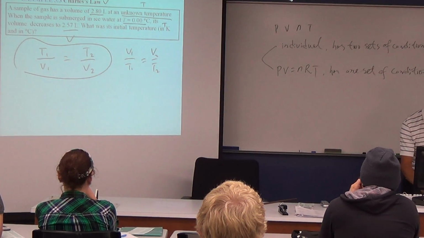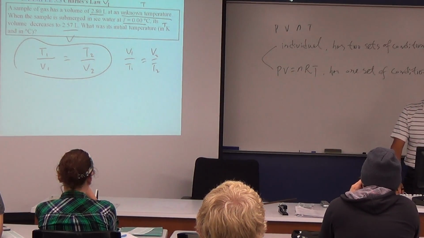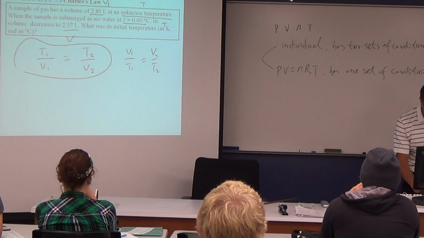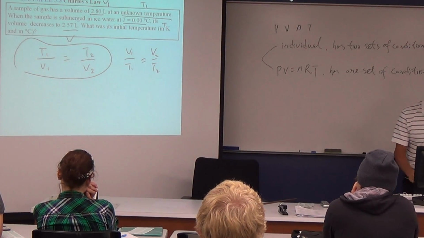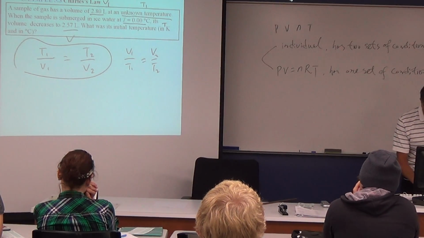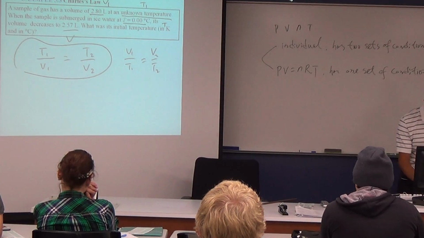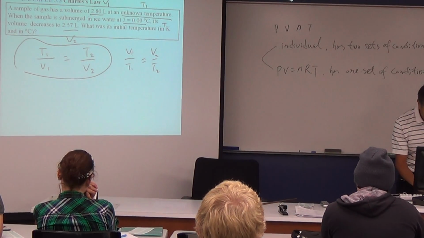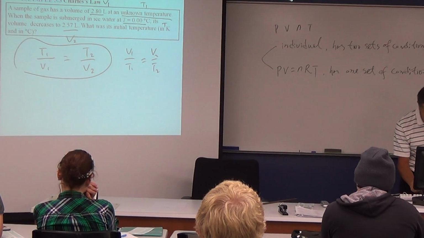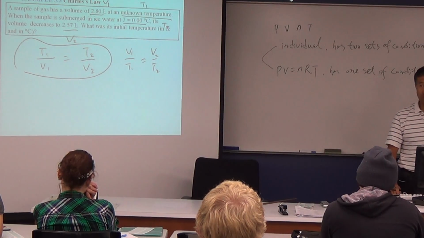If I call this first volume V1, that tells you that at that volume you have an unknown temperature, so this will become T1. Then you have another volume, which will be V2, and the temperature that goes with this volume will be T2. So very easy.